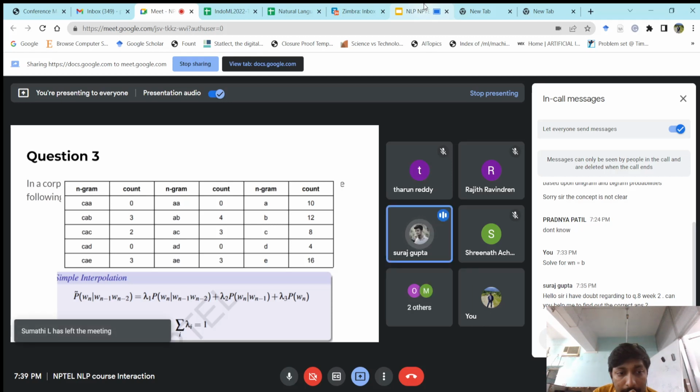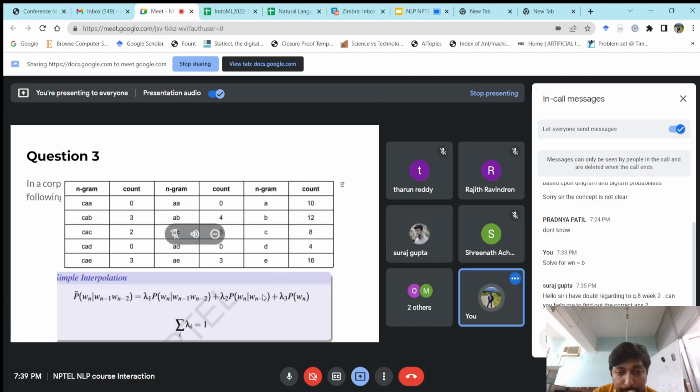For the answer A, it is 0.02. Yeah, we have to solve for B. A I already discussed. Now we have to solve for Wn is equal to P. See the chat window. Same thing, but for Wn is equal to P.